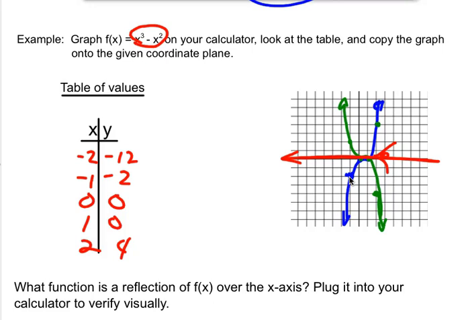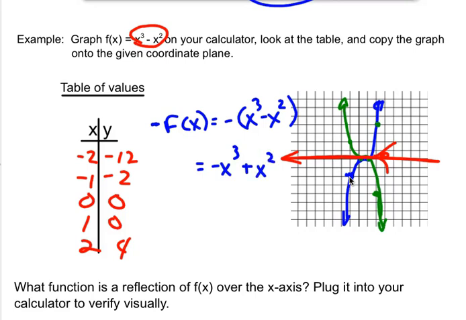Well, you want the y's to change. So what I said earlier on is if you want the y's to change, you're simply making the function negative. So put a negative in front of the whole function, and you actually end up with -x³ plus x squared.